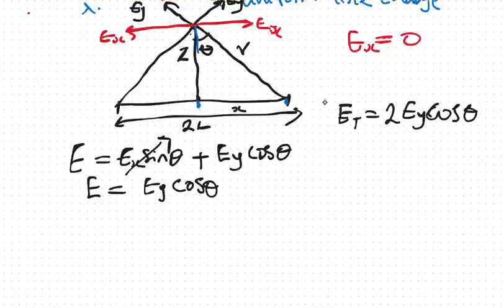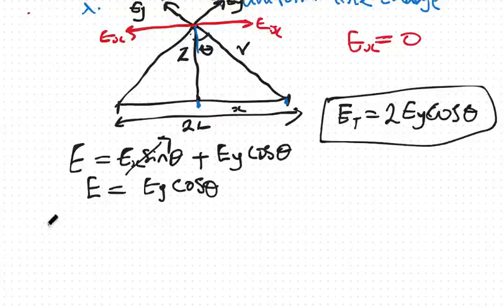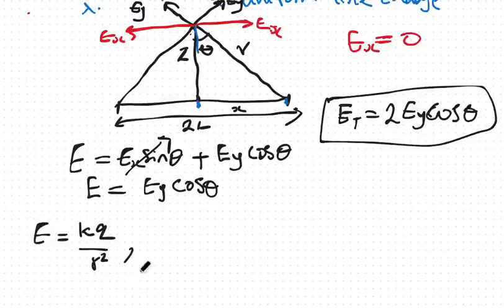Since we've gotten the total electric field to be this, now the question is, what is the electric field itself? The formula we have is that E is equal to KQ over R squared, where k is 1 over 4 pi epsilon naught, right?